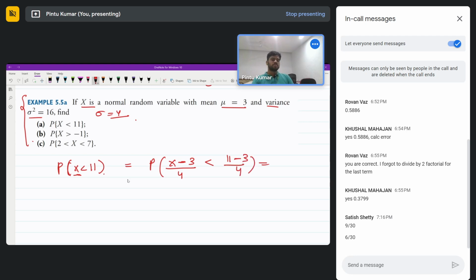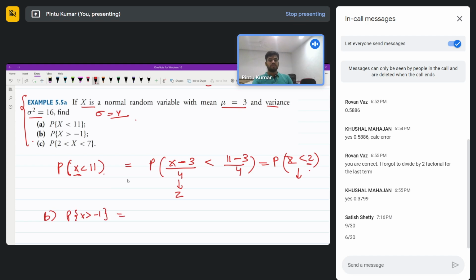So this is the probability that, now this has become a standard normal distribution, z is less than 2. You can easily find this value from the standard normal table and replace it over here. Part B is the probability that x is greater than or equal to -1.